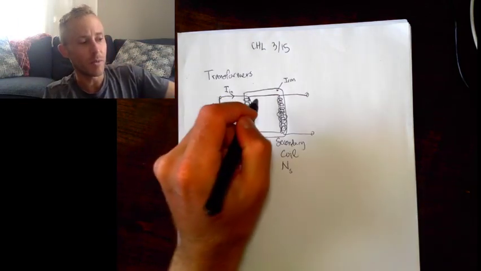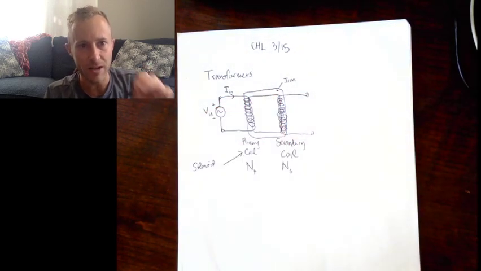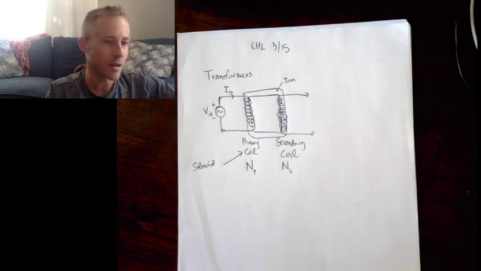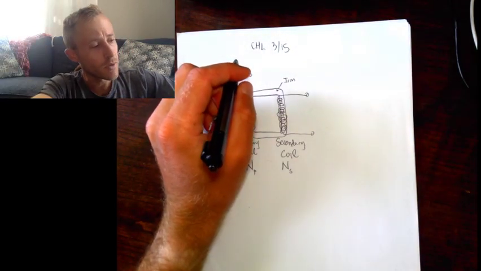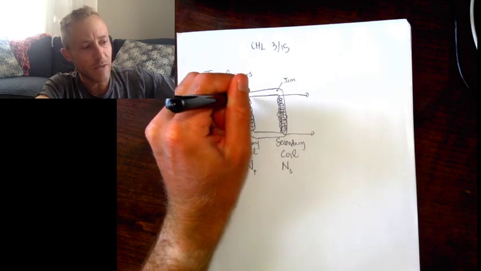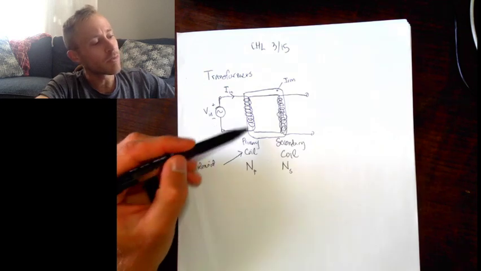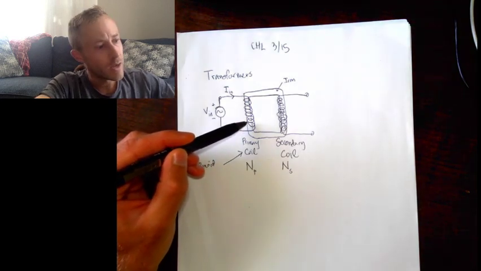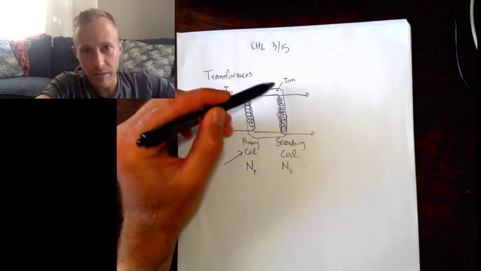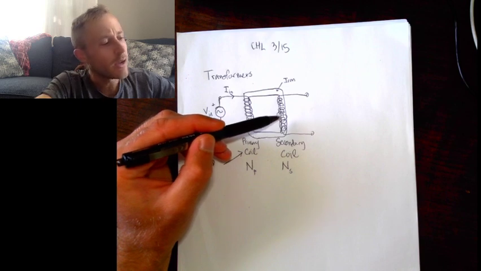But if you have a piece of iron, the magnetic field likes to stay in the iron. It doesn't like to leave the iron. So it will sort of guide the magnetic field into here. So basically, the primary coil is creating a magnetic field, and that magnetic field is fed into the secondary.